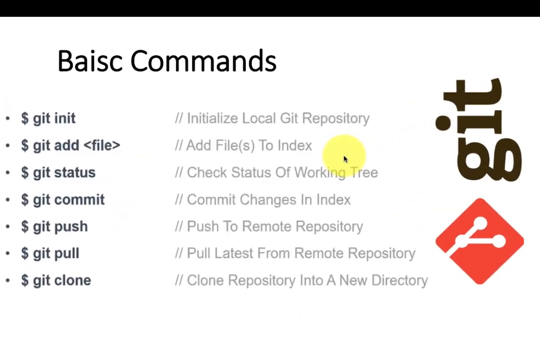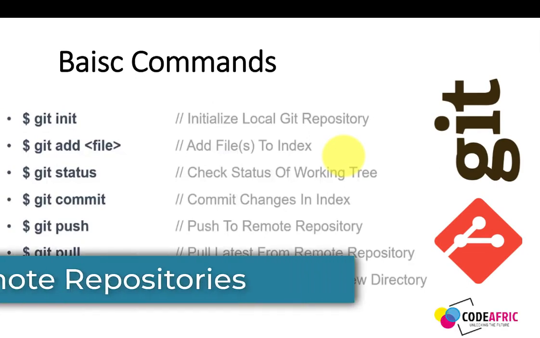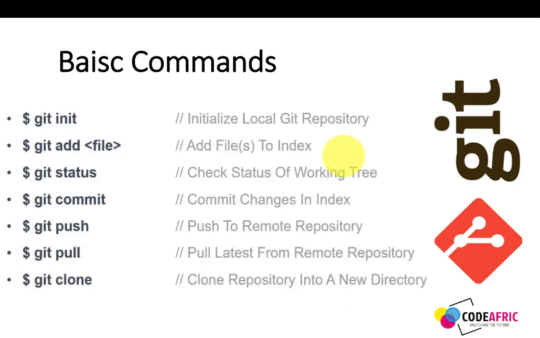All right, welcome back. We are still ongoing with our Git practice, and today we'll be looking at how to create a remote repository. In our previous lessons, we looked at how to install Git, the introduction to Git, and we also ran some Git commands.